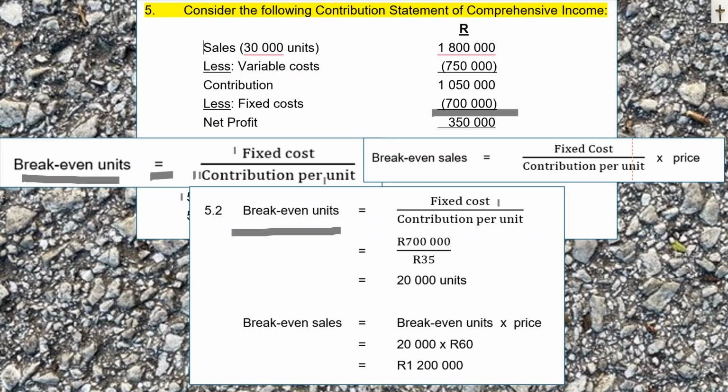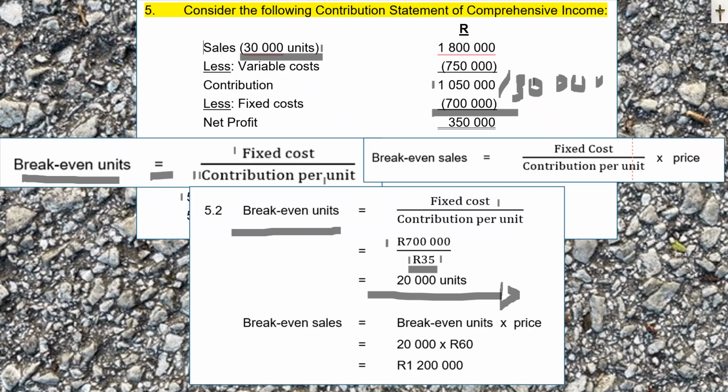Now the contribution per unit is 1,050,000 divided by the number of units, which is 30,000, and that will give you 35 rand. The total contribution divided by the number of units gives the contribution per unit. And the fixed cost of 700,000 divided by the contribution per unit is equal to 20,000 units.